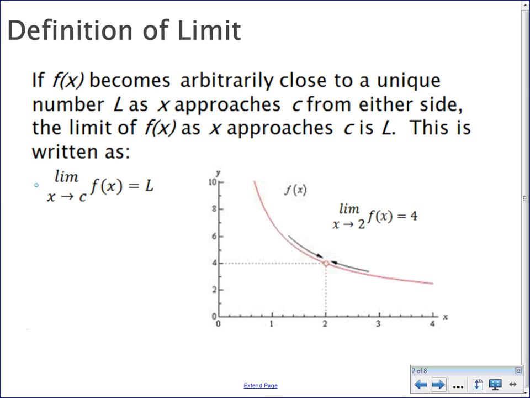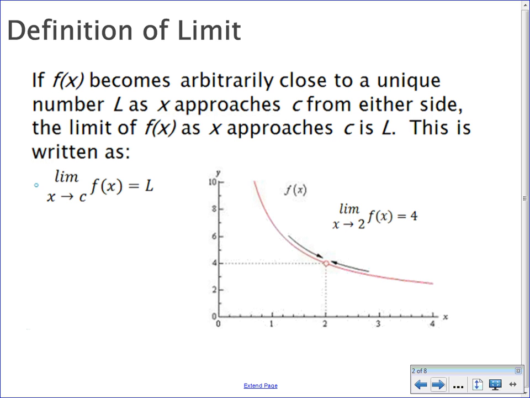C is the x value that we are approaching. So as our function becomes arbitrarily close, what does arbitrarily close mean? We're almost there. We're basically there, but we're not there. We're coming very, very close. So as we get close to this number from either side of C, we reach our limit.